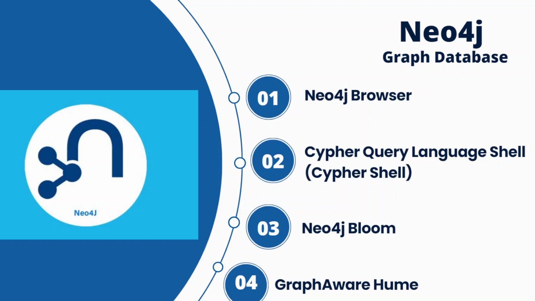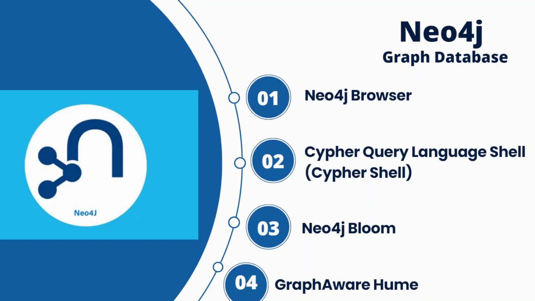Next is Cypher Query Language Shell, a command line interface for executing Cypher queries against Neo4j databases. It's useful for scripting and automation. The next is Neo4j Bloom, a graph exploration and visualization tool that allows users to interactively explore relationships in Neo4j graphs.